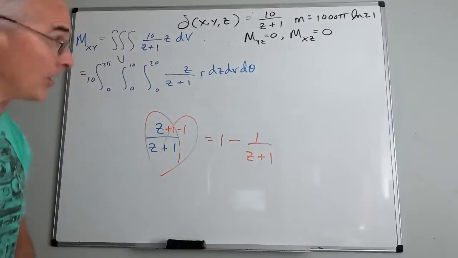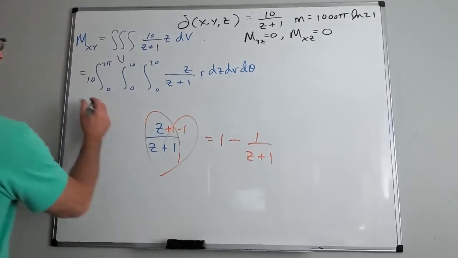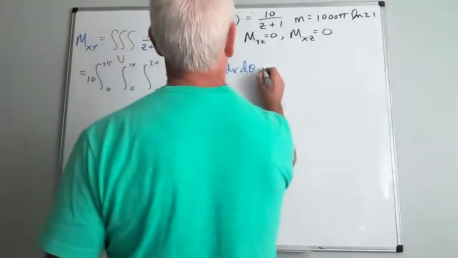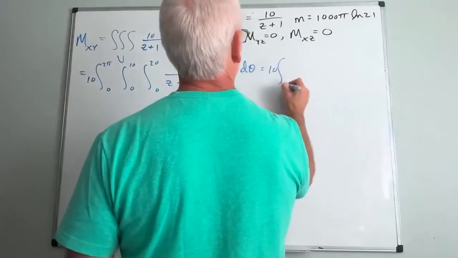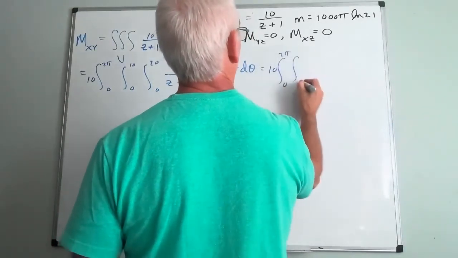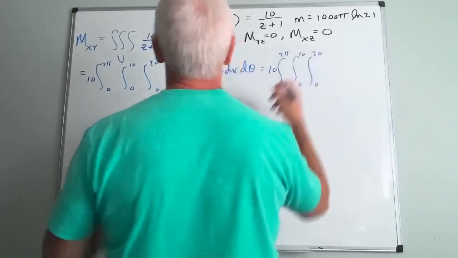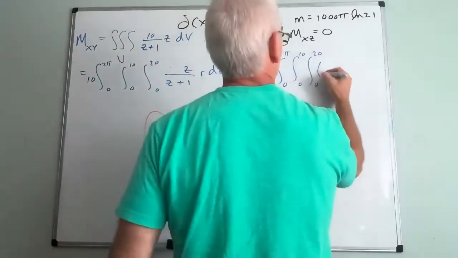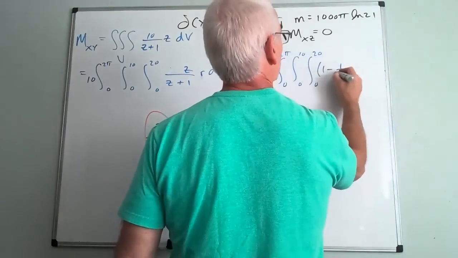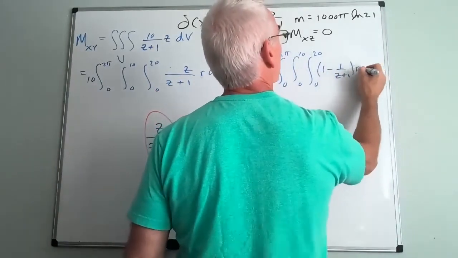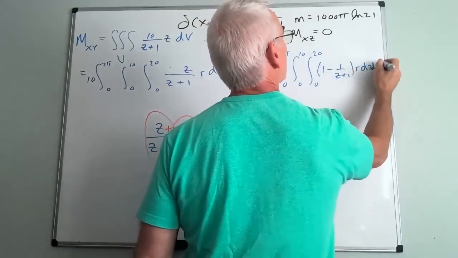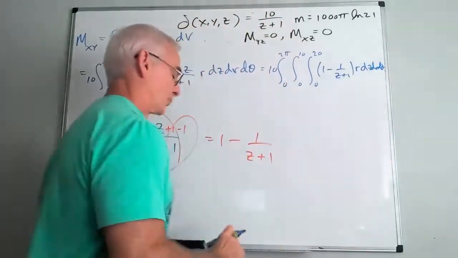Again, I'm going to get a log in there. So this will become, actually, I'll put it over here. And I'll leave the 10 out in front. It's not going to cause any problems. 1 minus 1 over z plus 1 r dz dr d theta. Sorry, that was a little squished in there.